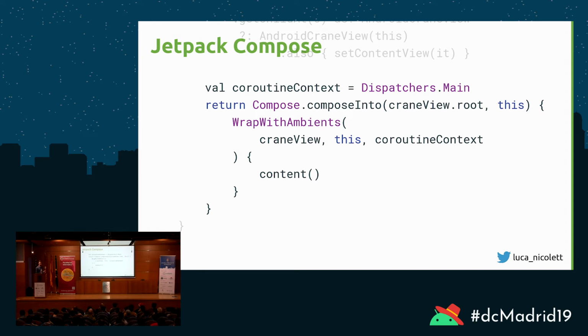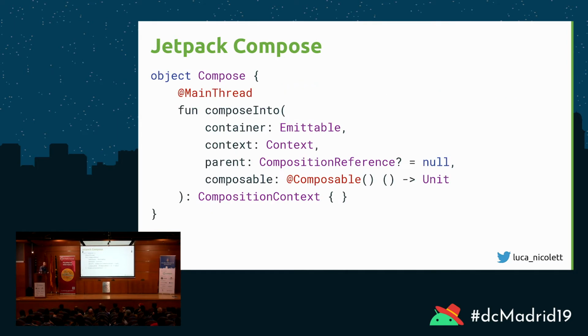Here we can see that this function returns a composeInto. Compose, first of all, is an object, so you can use composeInto wherever you are without initializing it. This method is the way to initialize a composition. The composable function provided will be executed inside the container, which is basically the root view of the activity.